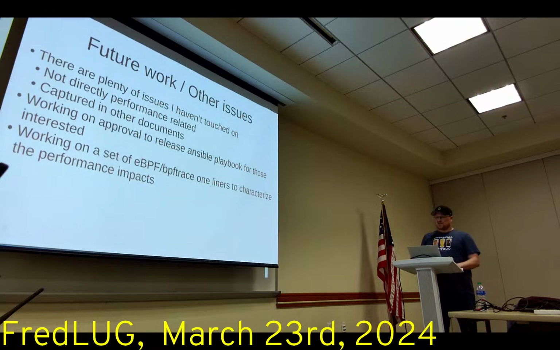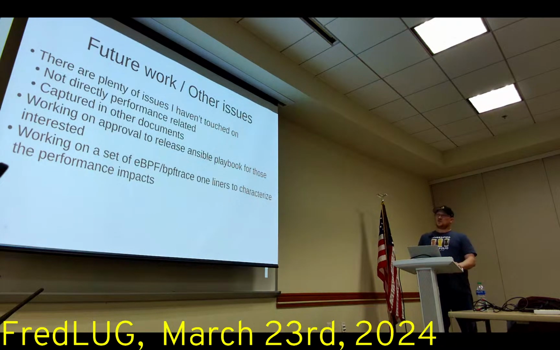And then what I was really hoping to have done for this, but I haven't, is a bunch of eBPF and bpftrace one-liners to capture that. How do you measure it in your environment? This demonstrates a pathological bad case of the STIG. Not every environment is going to be a 50x performance hit. Most of them are probably going to be 2 to 4x. To me, that's still unacceptable, but how do you measure that? How do you actually capture that information?